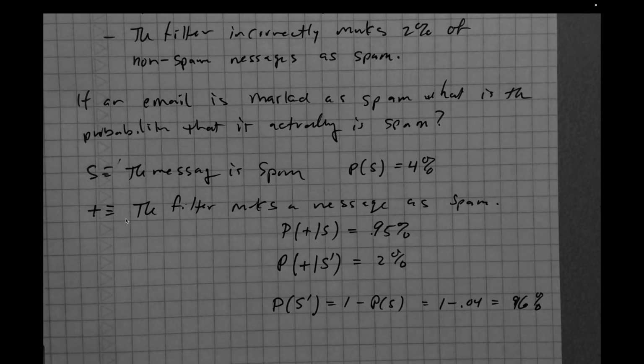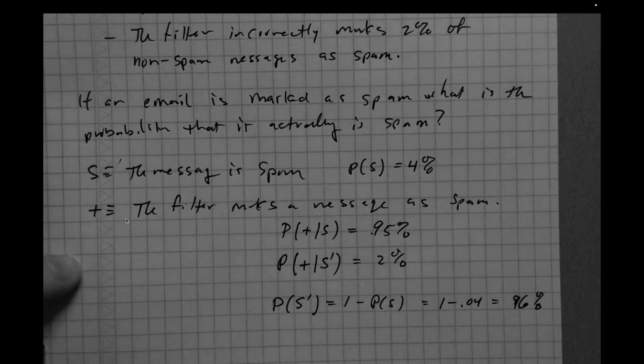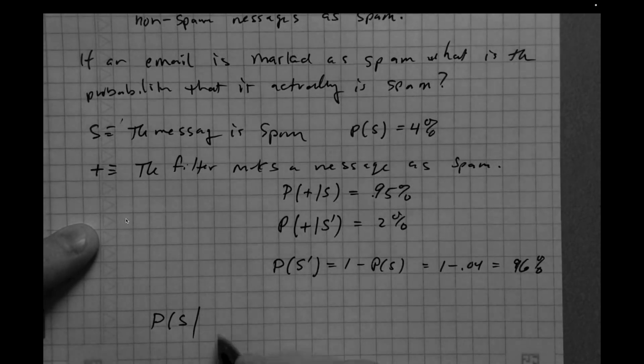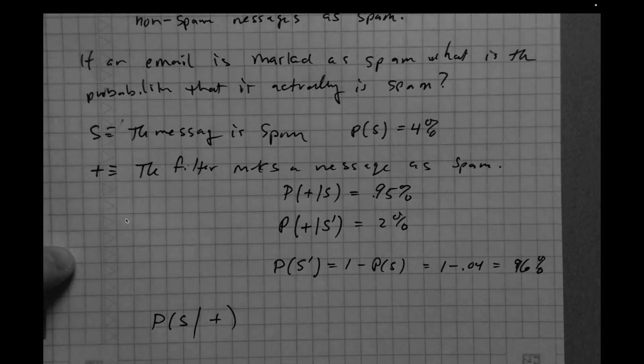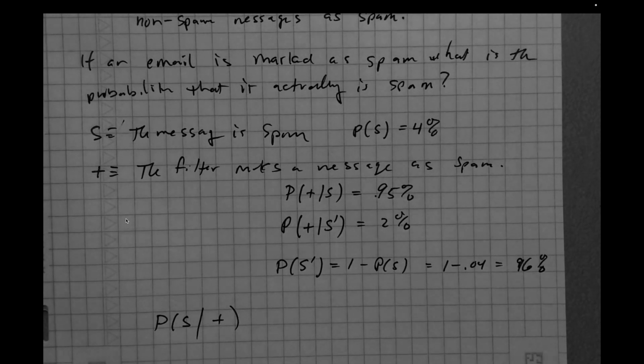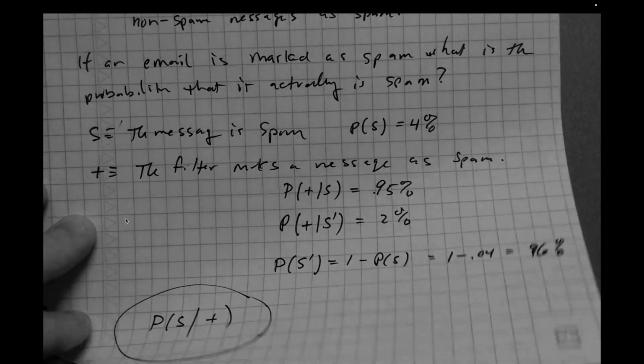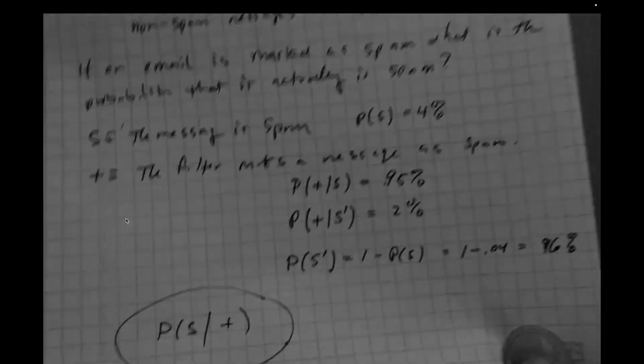Now, what are we looking for here? What we're after is the probability that a message is spam given that the filter marks it as spam. So the filter says this is spam. What's the probability that it actually is? All right, let's write this out.